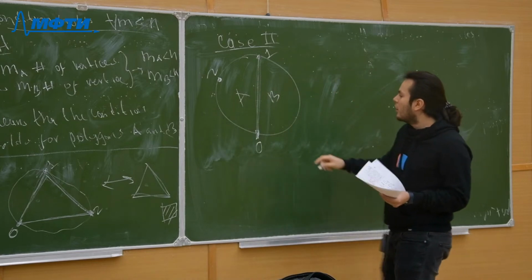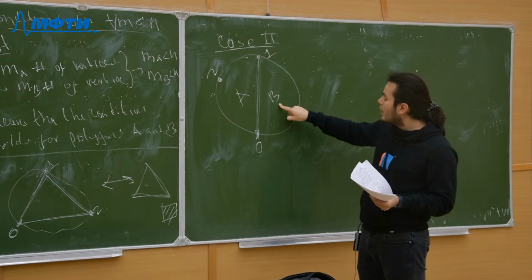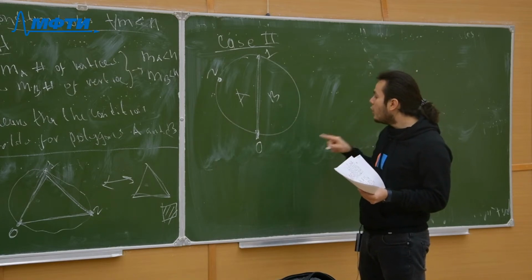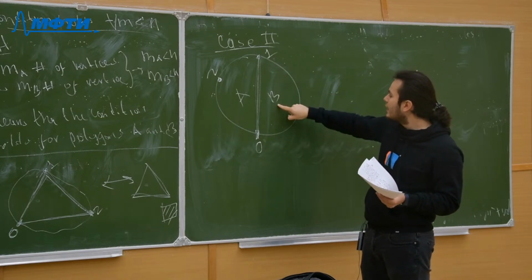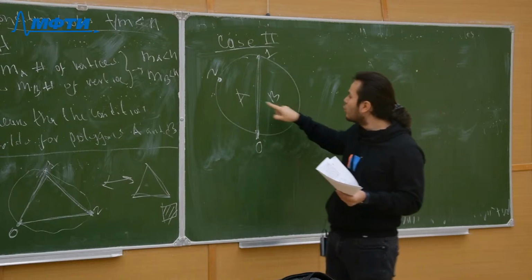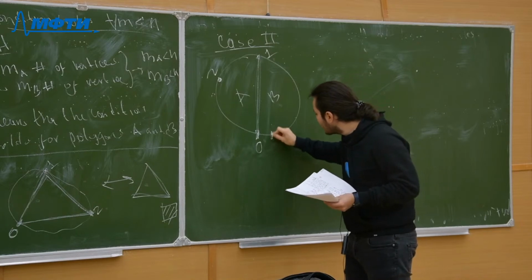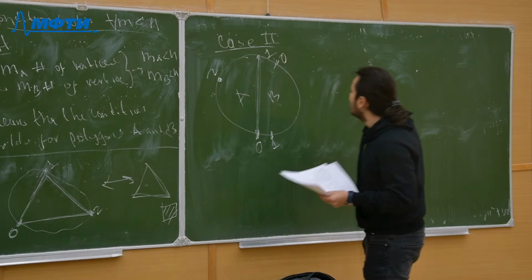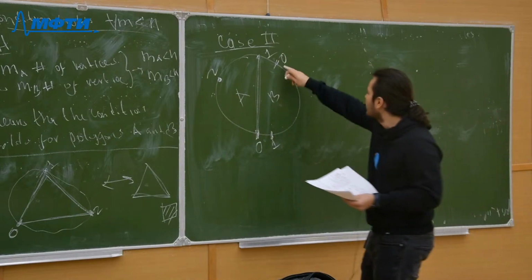Then it means that B has only vertices 0 and 1. It doesn't have any vertex with color 2. Then the vertex here has to be 1, and here has to be 0. And these are different, of course.